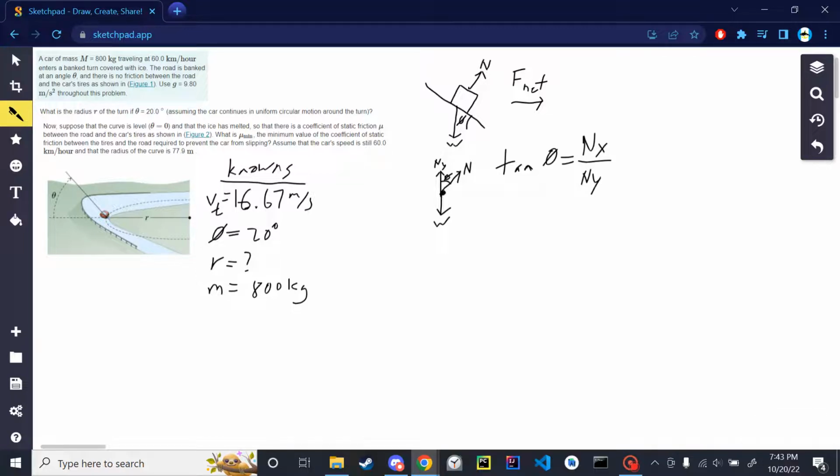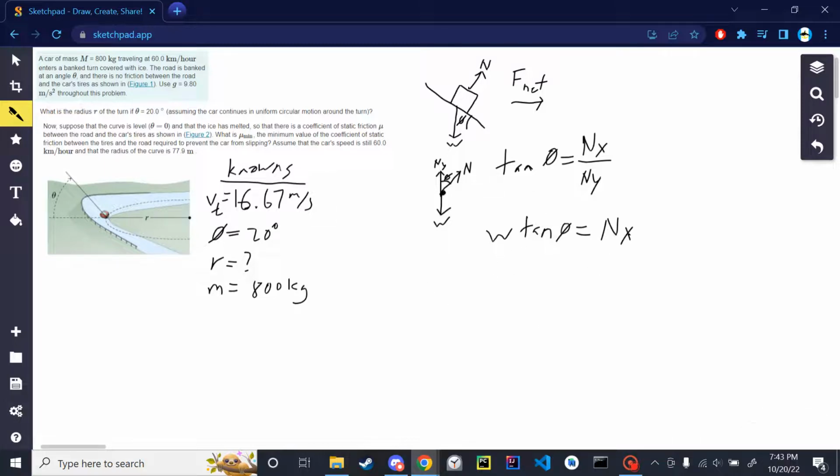My bad. We need to find nx because that's pointing towards the center. And nx is right there, and ny is right there. Since the y components need to cancel, ny is also equal to w. So w times tangent of theta is going to get us nx, which is what we need. That's the net force pointing towards the center of the circle.